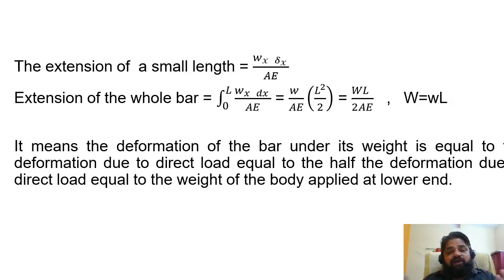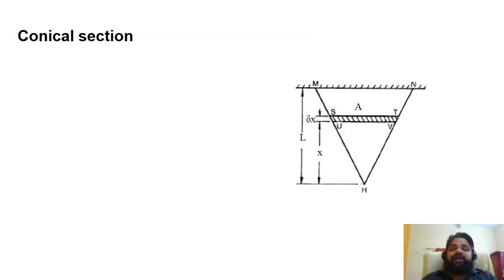There are also other kinds of sections, and the steps can be extended further. Let us say I am taking one more case, a conical section, and in that conical section you take one strip of it, as we followed the same thing in the rectangular cross section.